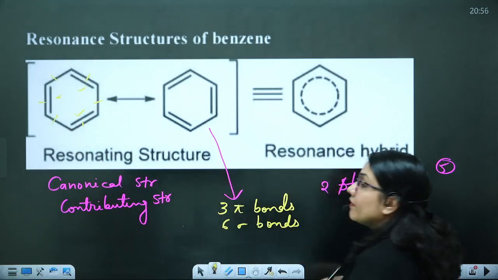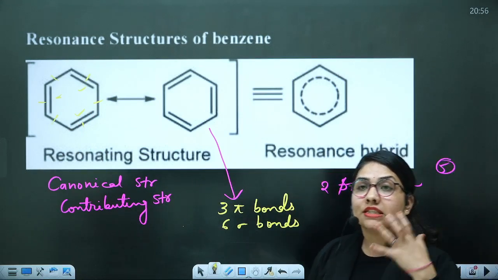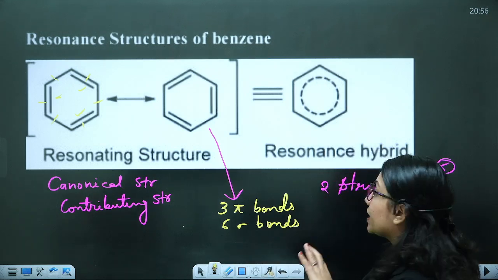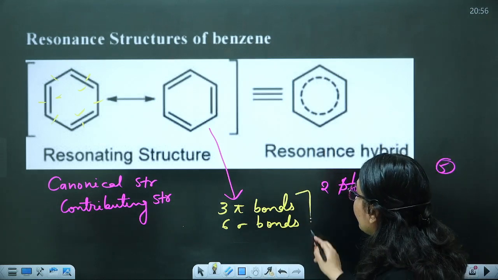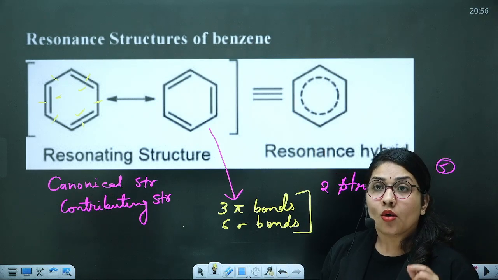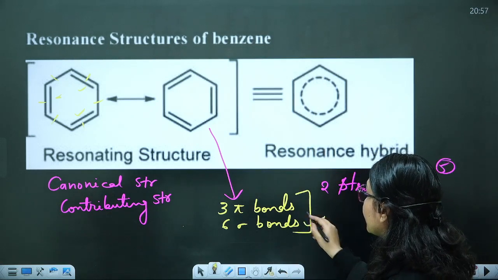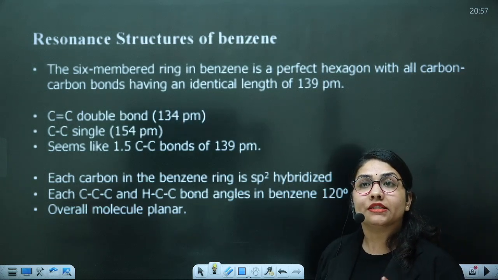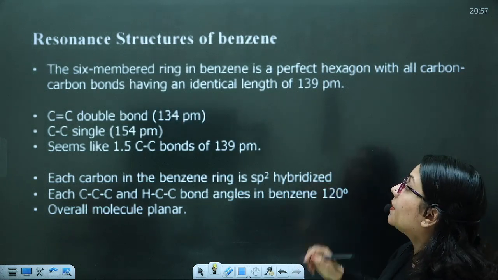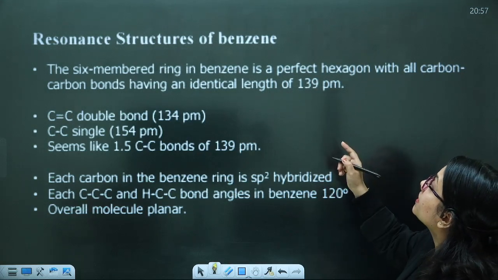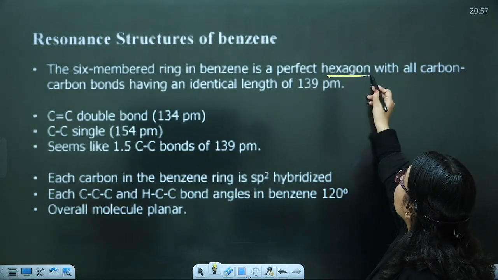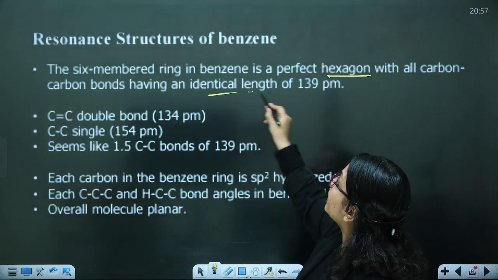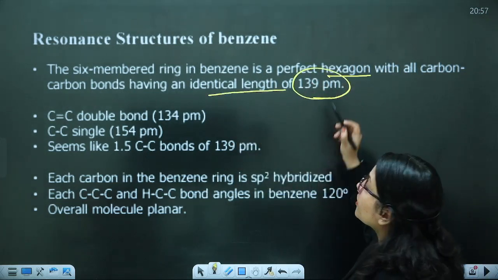But when we went through the experiments and looked at the data, it was completely different. The bonds were not like this, they were a little bit different. What we saw is that the 6-membered ring in benzene is a perfect hexagon with all the carbon bonds having an identical length of 139 picometer.